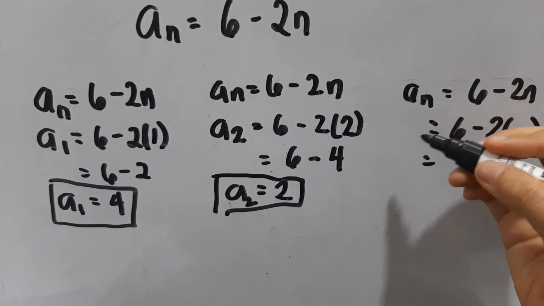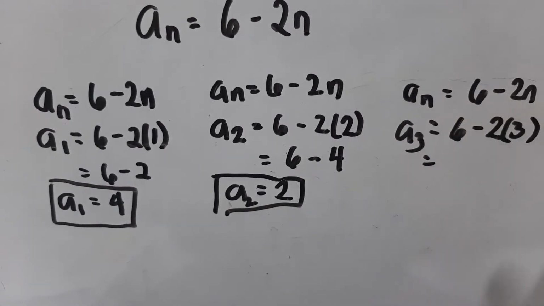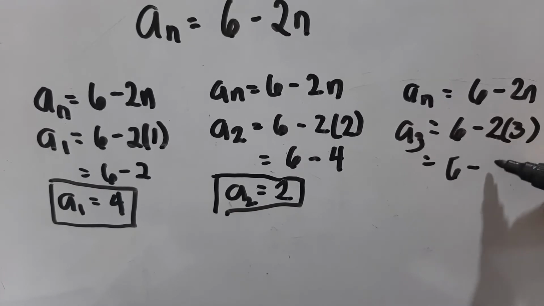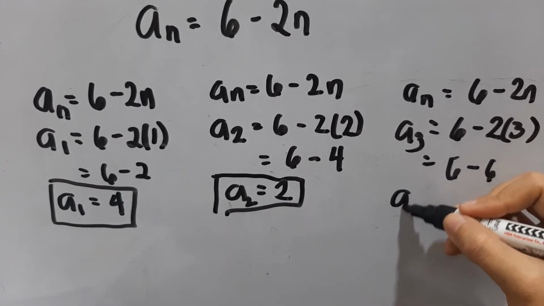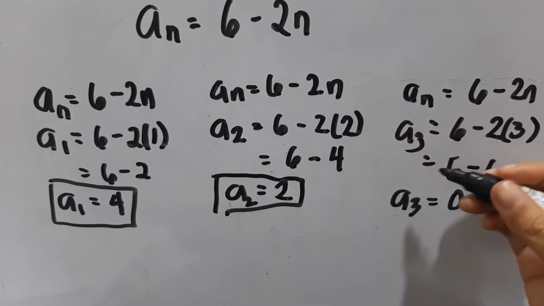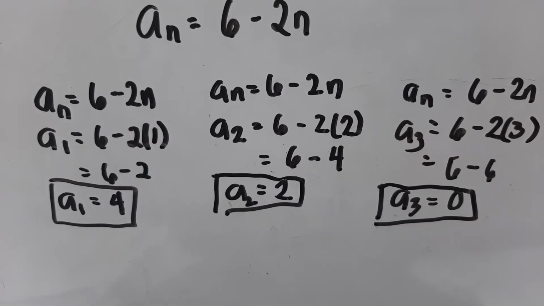See, we have the third term, so this will also be 3. 6 minus 2 times 3 is 6, and our third term is equal to 0 because 6 minus 6 is equal to 0. So, the first 3 terms of the sequence, a sub n equals 6 minus 2n is 4, 2, and 0.